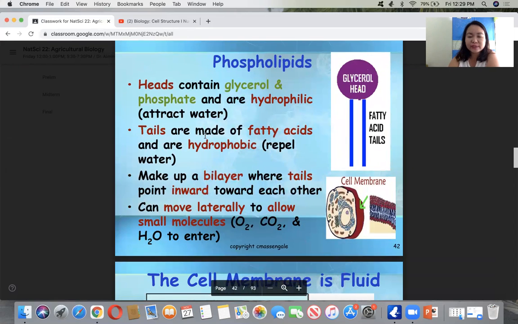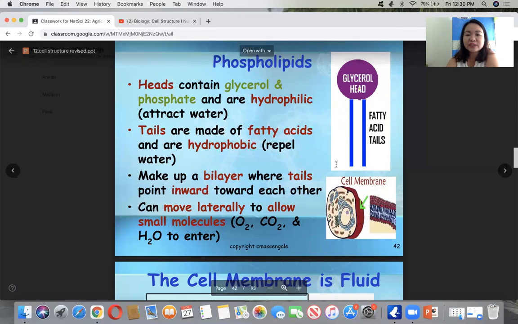So what are phospholipids? These have heads containing glycerol and phosphate, and are hydrophilic, which attract water. And tails are made of fatty acids and are hydrophobic, which repel water, and make up a bilayer where tails point inward toward each other and can move laterally to allow small molecules such as oxygen, carbon dioxide, and water to enter.